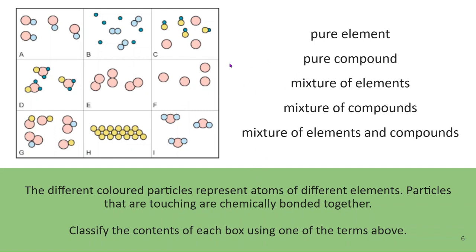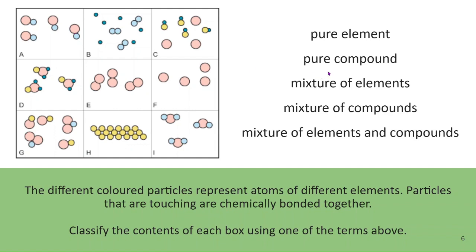Okay, let's talk about it. So let's go through it from the top. Over here we have A, and we can see we have two different colored particles, and they are bonded together, right? And it looks like that's all we have. We just have four different sets of those two bonded particles.